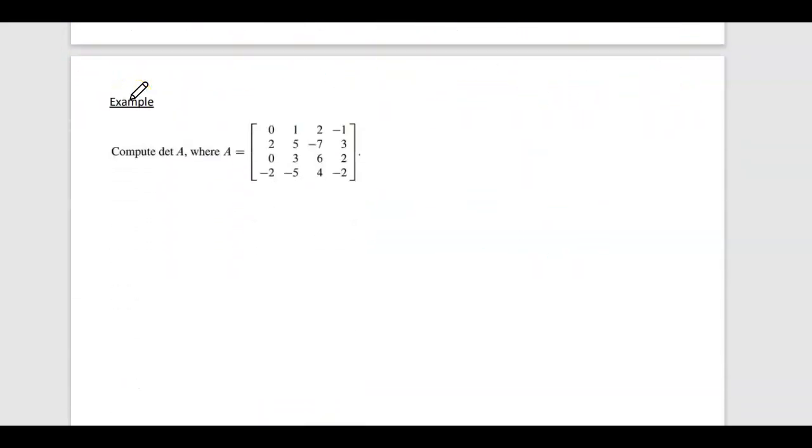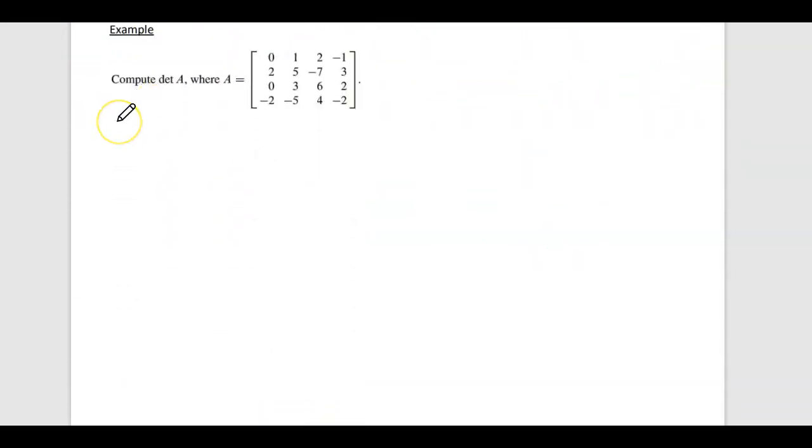Let's go ahead and look at one more example here. So here I have a matrix, and before I start switching things around, because I see that top one isn't 0, let's actually just take R2 plus R4 and put it into R4.